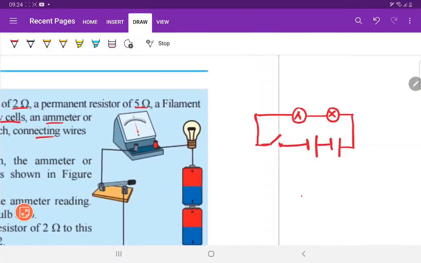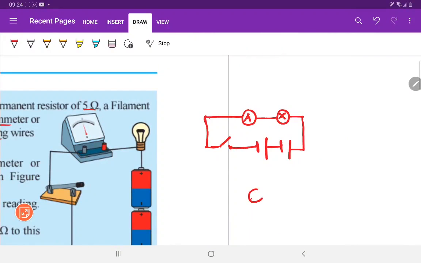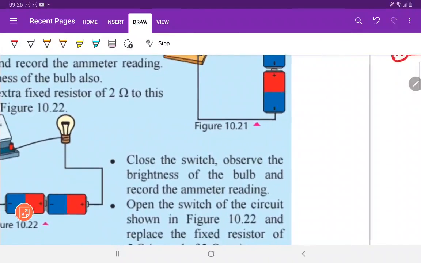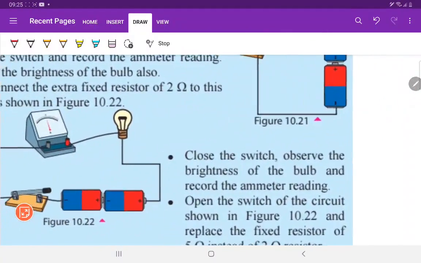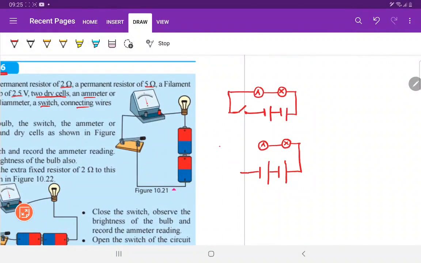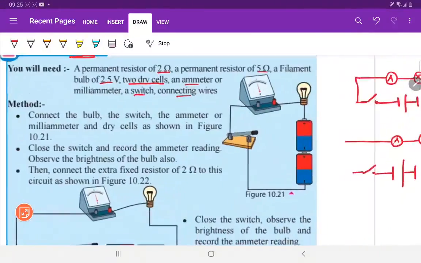The same thing: ammeter, a bulb and two dry cells, positive terminal, negative terminal, positive terminal, negative terminal, and the switch, and the resistor.